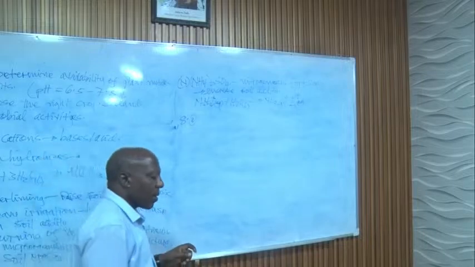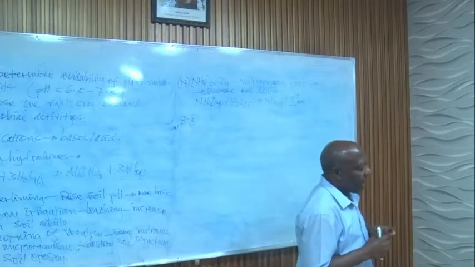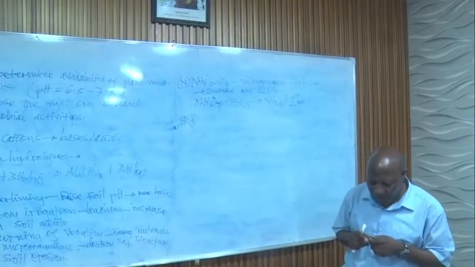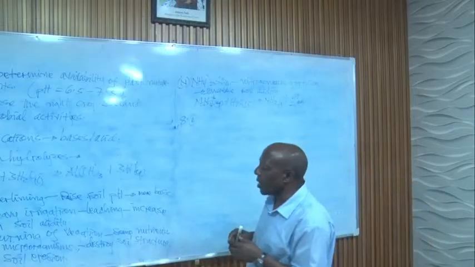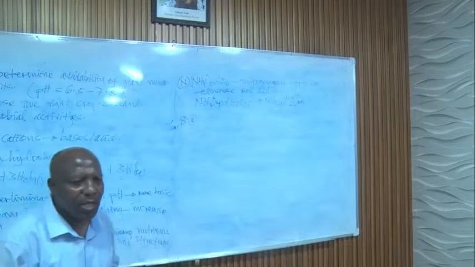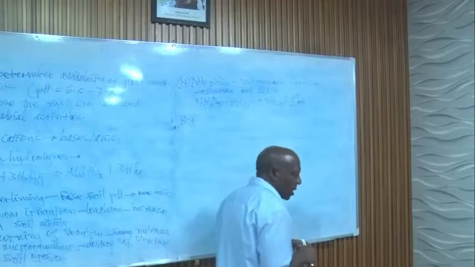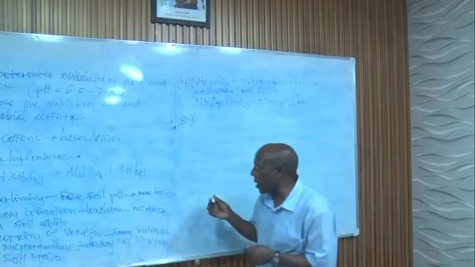Once a chemical reaction achieves its equilibrium position, the equilibrium concentrations of reactants and the products remain constant. Now, the equilibrium position depends on concentration.